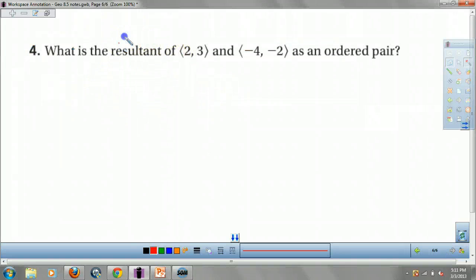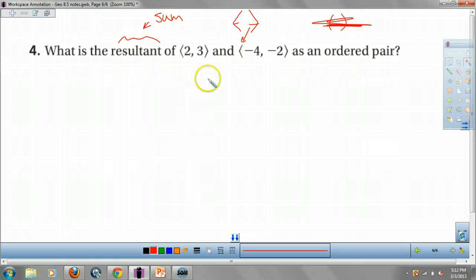So what is the resultant? That's a fancy word for sum of <2, 3> and <-4, -2>. If you haven't noticed, these little bars here mean it's a vector, not a point. A point has parentheses. This means vector. Because look, little tiny vectors.